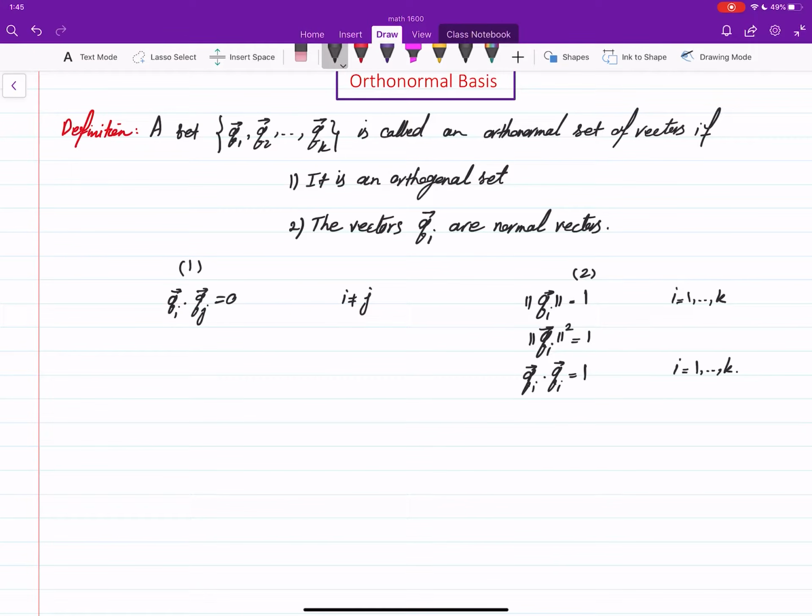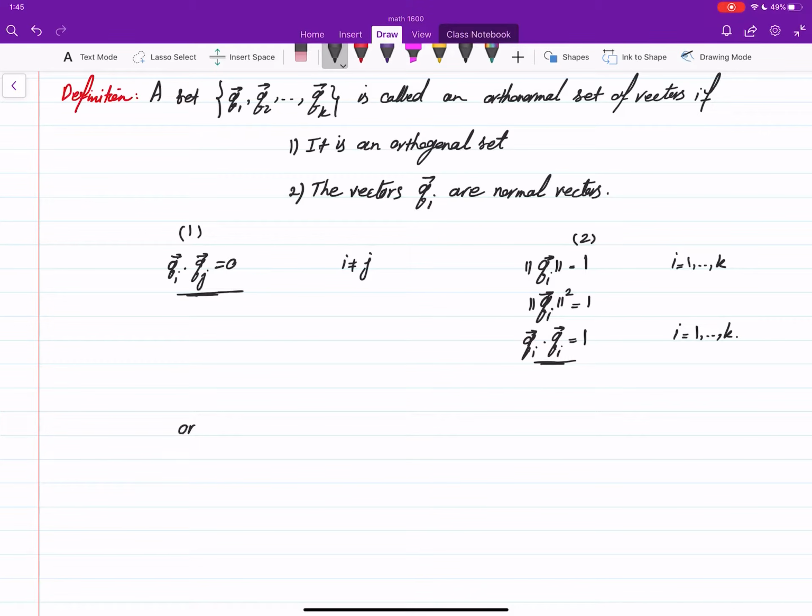If you look at these two conditions, it seems that you are just dot producting all the vectors to themselves and to everyone else, and there are two cases. That's why for orthonormal sets, sometimes you write the conditions like this. Orthonormal set conditions can be written this way: Qi dot Qj is equal to 0 if i is not equal to j, and it is equal to 1 when i is equal to j.